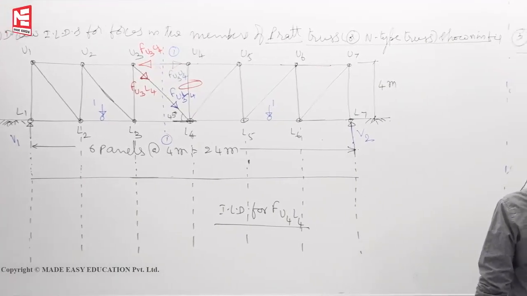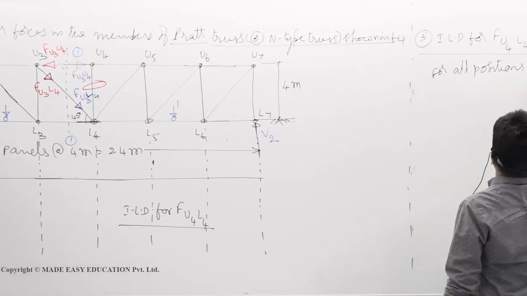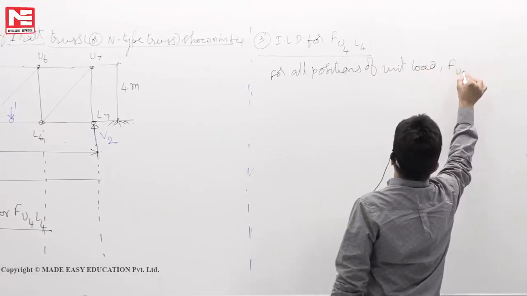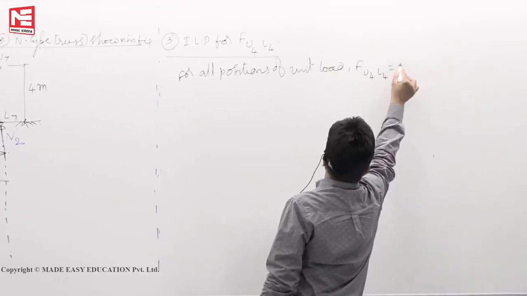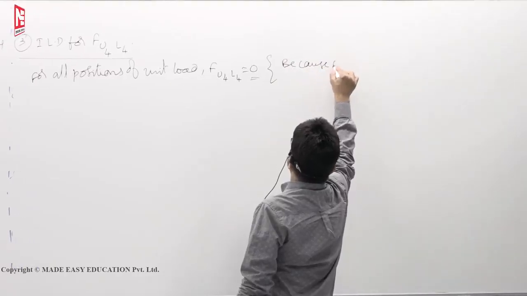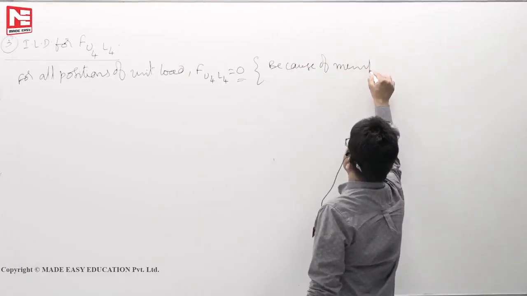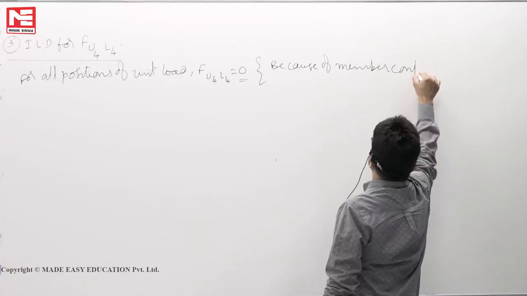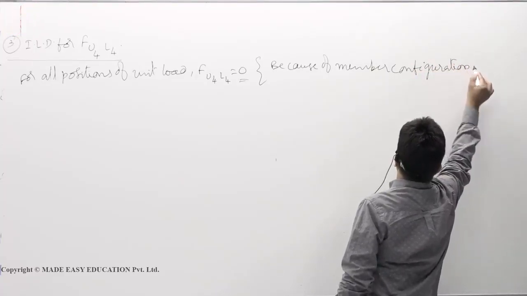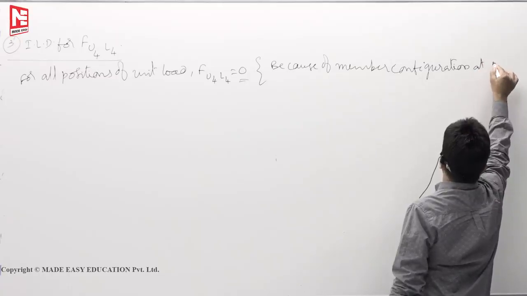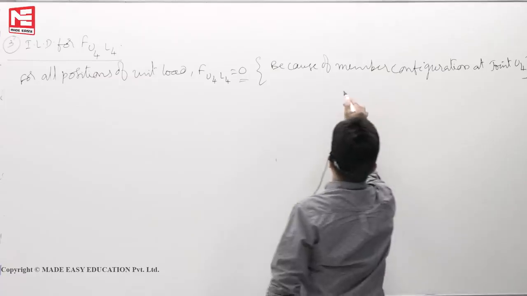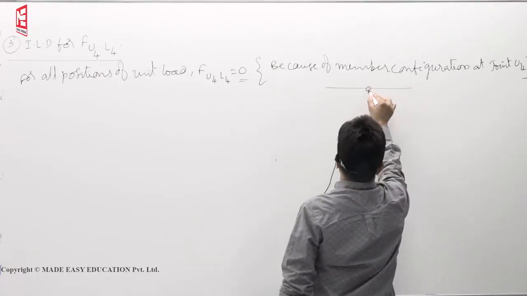For all positions of unit load, F U4L4 is equal to 0. Why? Because of member configuration at joint U4. That means like this.